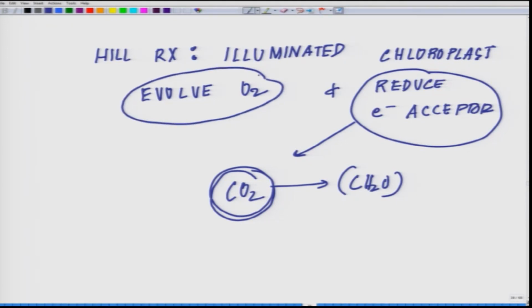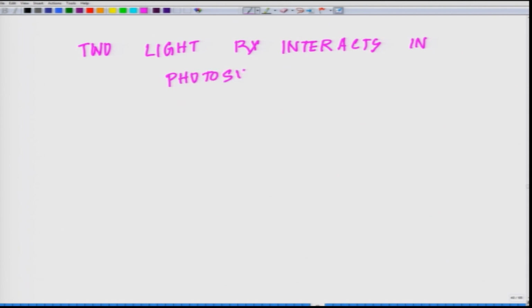There is another interesting concept before I go into the architecture of it, that two light reactions interact in photosynthesis.